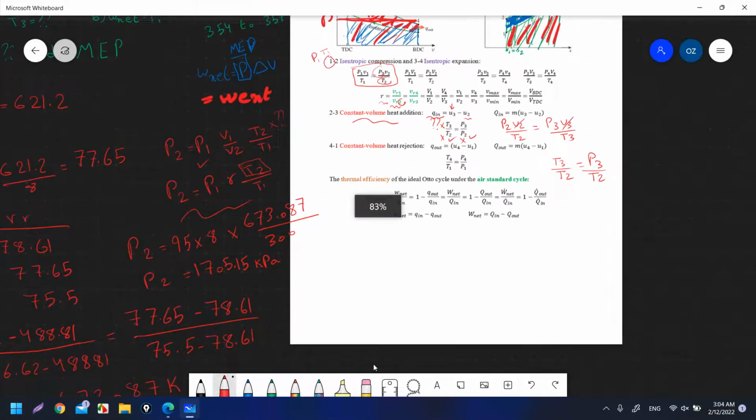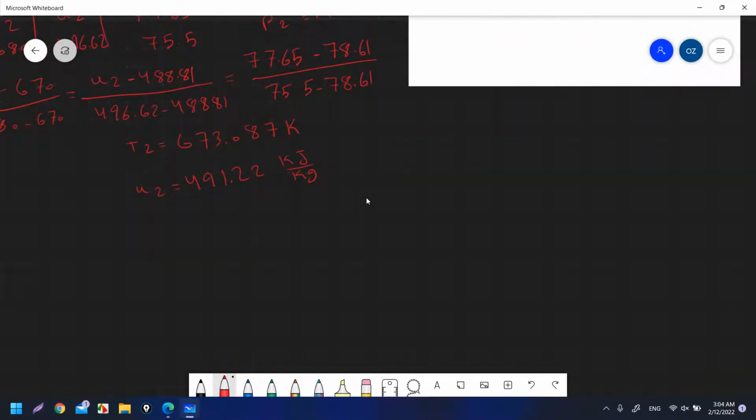So I will write that Qn equals U3 minus U2, then U3 is equal to Qn plus U2. Qn is given in the question, 750, and I got U2 491.22.